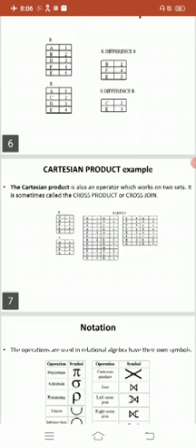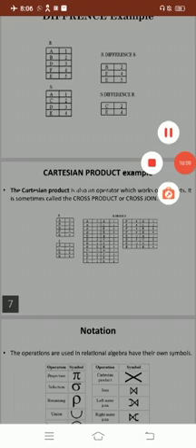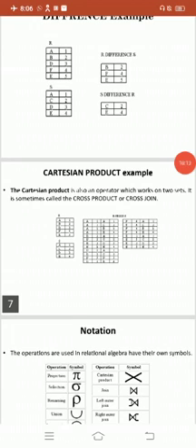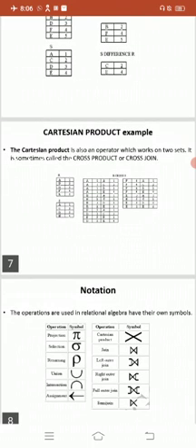It is sometimes called the cross product or cross join, because it allows combining information from two relations. It is denoted as R × S, where R and S are relations. Totally, it is an operator which works on two sets.